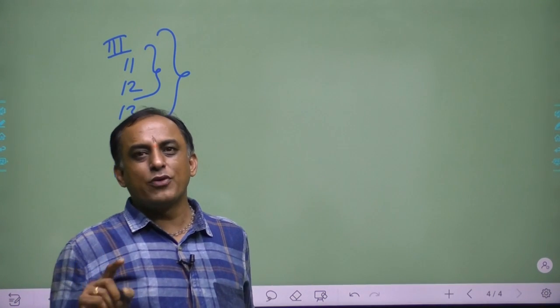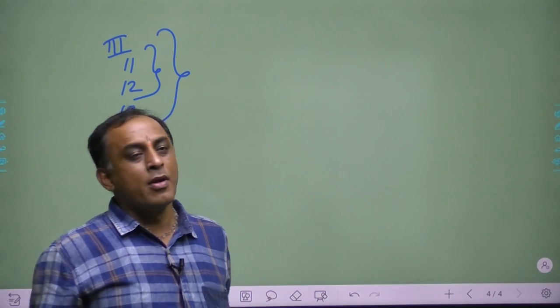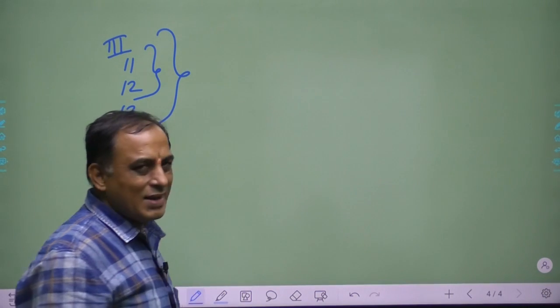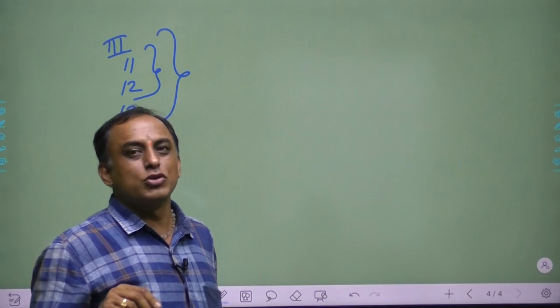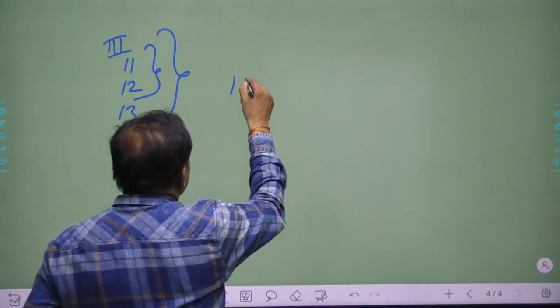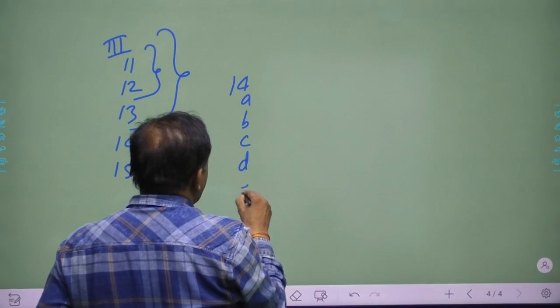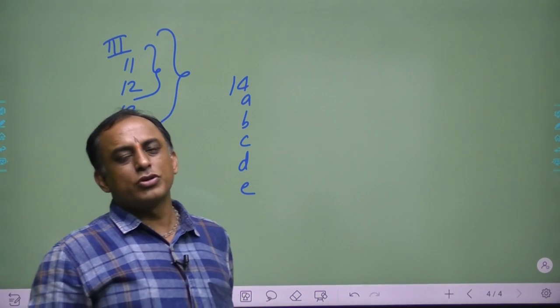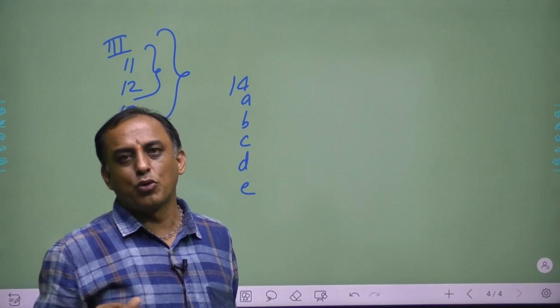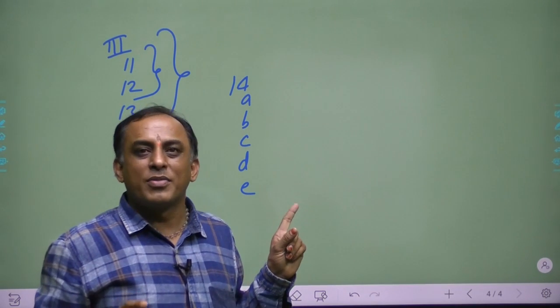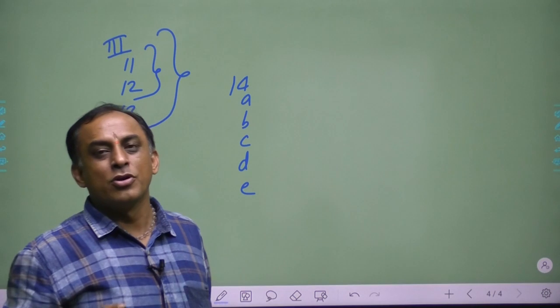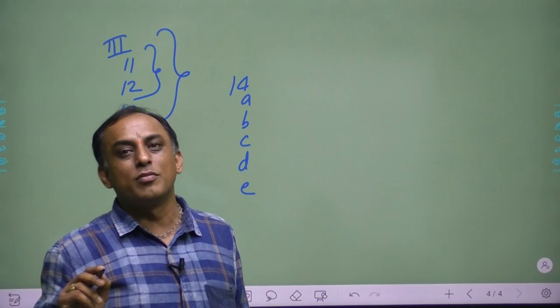Each and every question carries 10 marks, and the last 2 or last 3 questions are small questions. For example, take question 14. In the 14th, there are A, B, C, D and E. In the 14th question, they will give 5 small questions. Generally, it is from the reasoning part. Each and every question carries 2 marks.